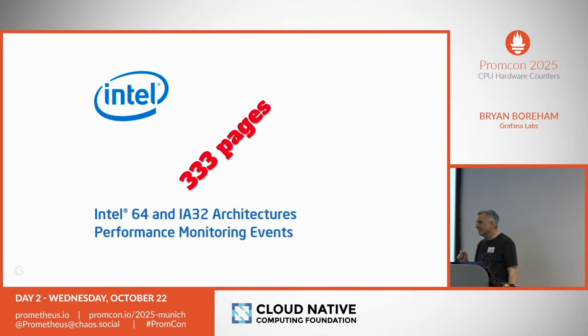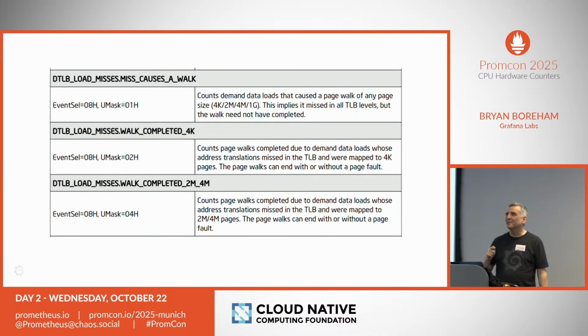So this is the Intel book that lists all the... This is where you get the hex numbers from. It's a 333-page long book. Each page looks like this. It's an excerpt.